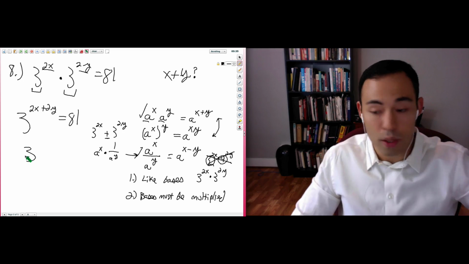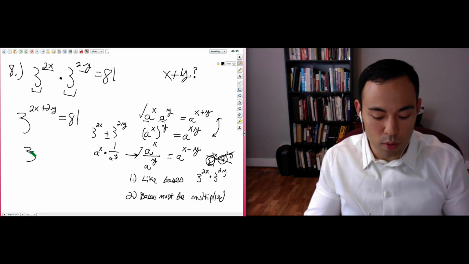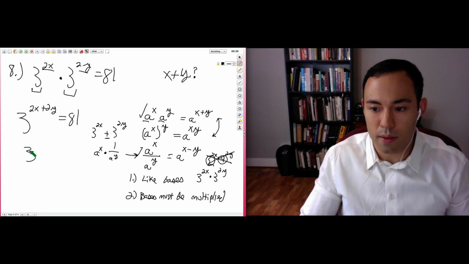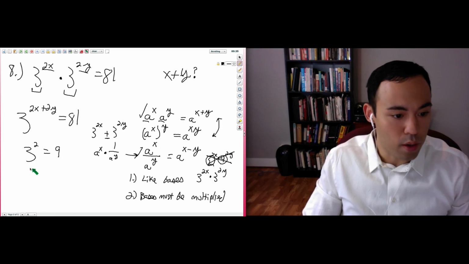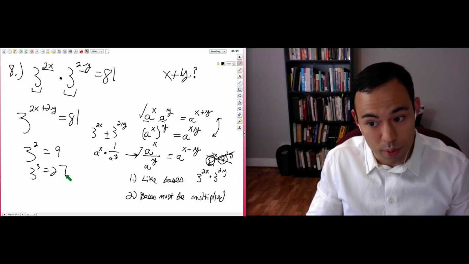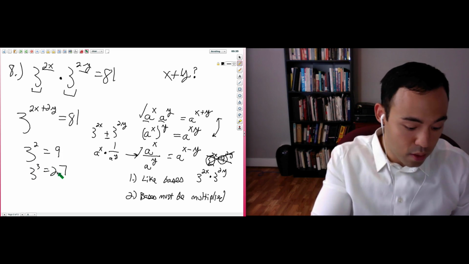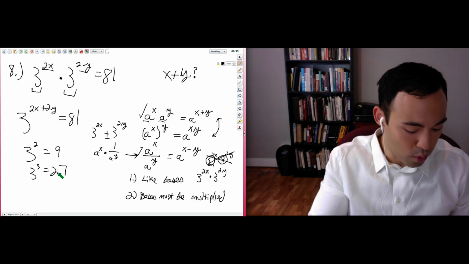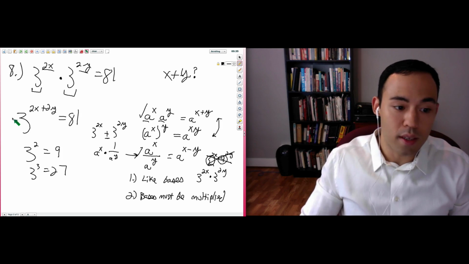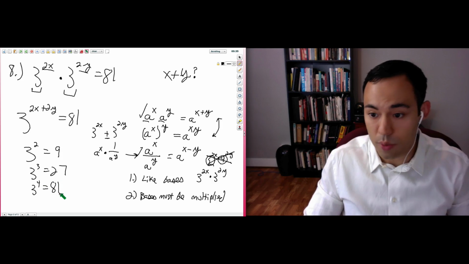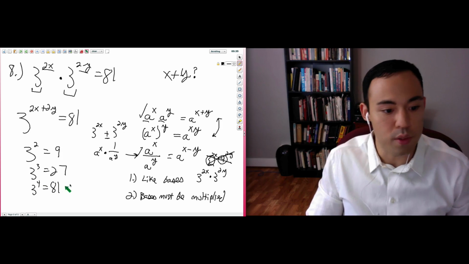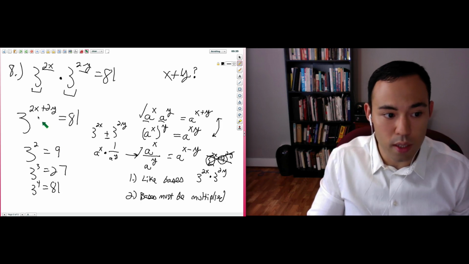You might need to play with your calculator, but let's just go, well, 3 squared is equal to what? 9, right? 3 cubed, 27. This increases really, really fast, right? And now let's go ahead and go 3 to the 4th. If you don't remember it off the top of your head, you can play with your calculator a little bit, and you'll have 3 to the 4th equals 81.